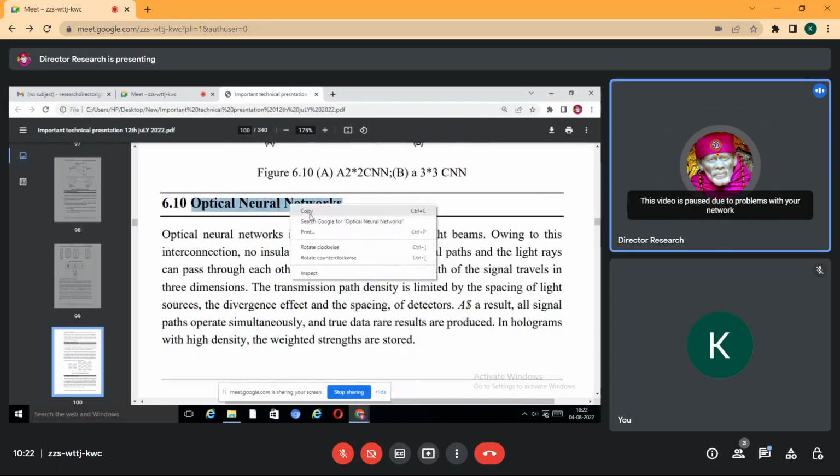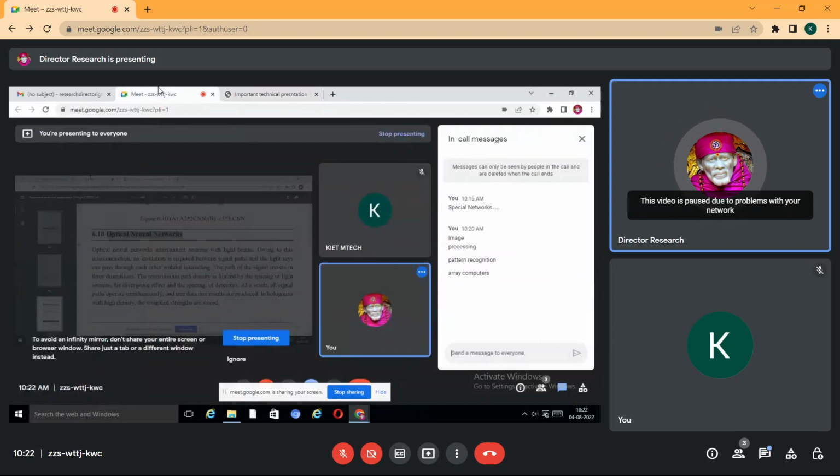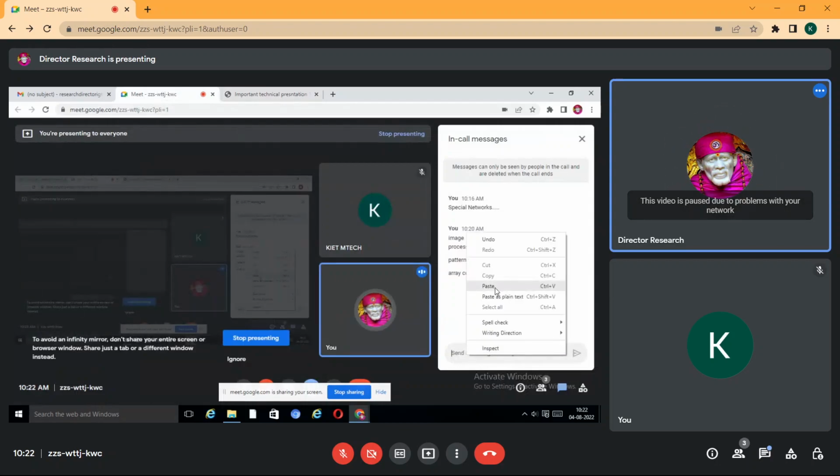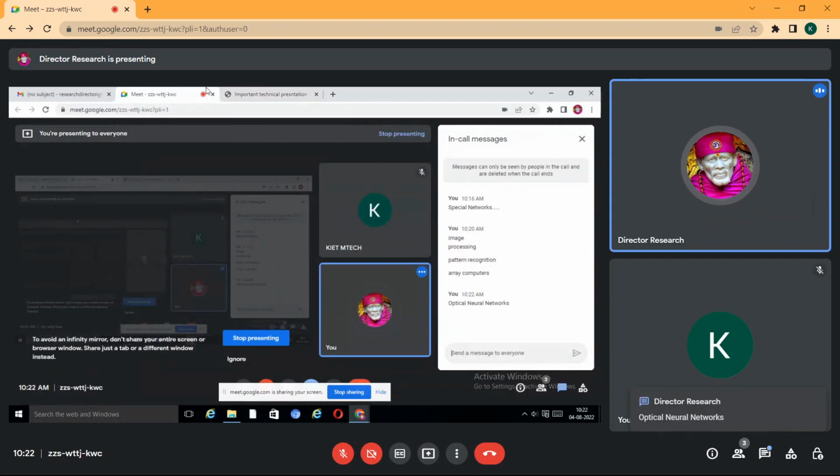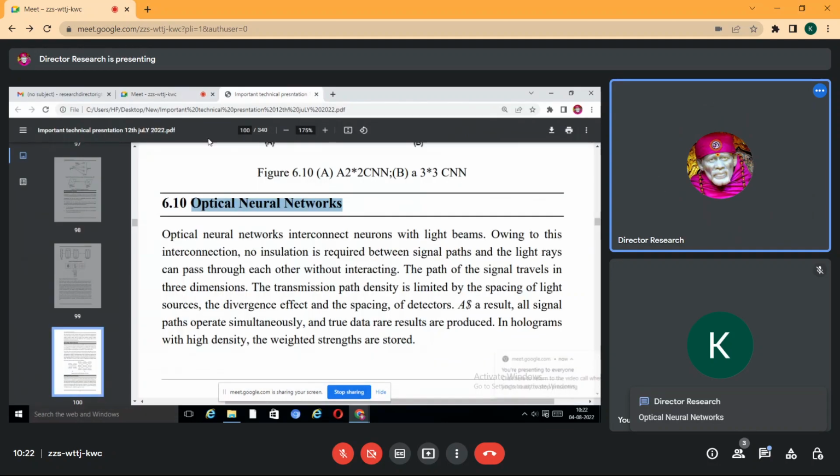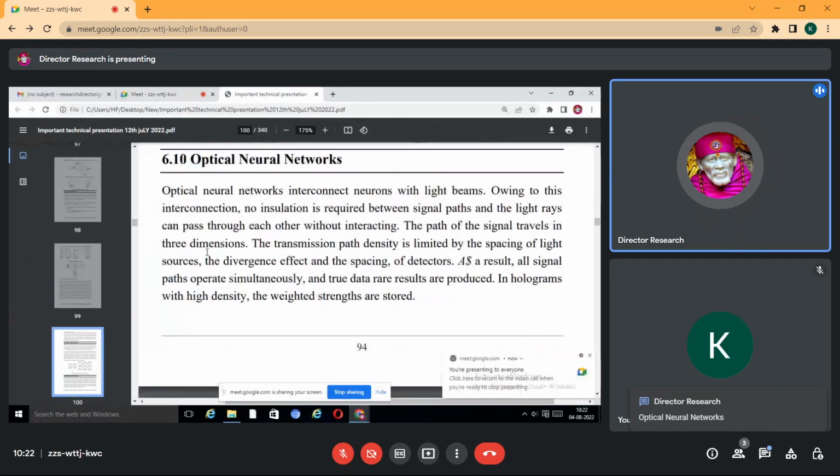Optical neural network. The next continuation is the optical neural network. Let us see about optical neural networks. Optical neural networks interconnect neurons with light beams. Owing to this interconnection, no insulation is required between signal paths, and light rays can pass through each other without interacting.